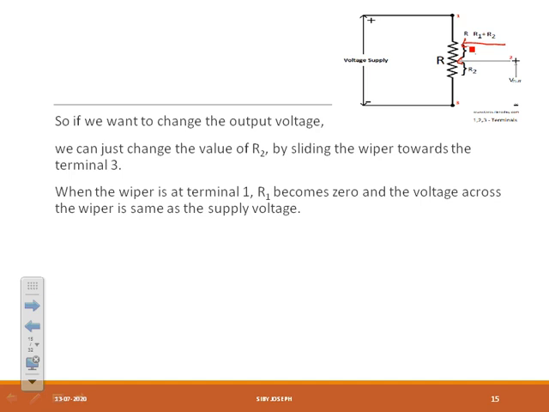There is no resistance. The voltage across the wiper is the same as the supply voltage.